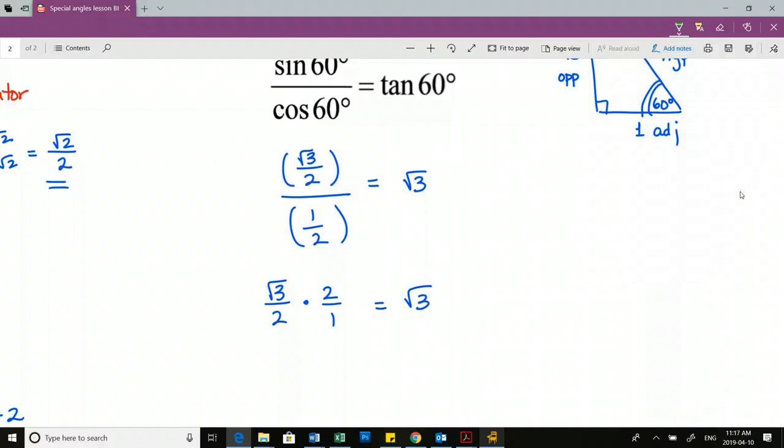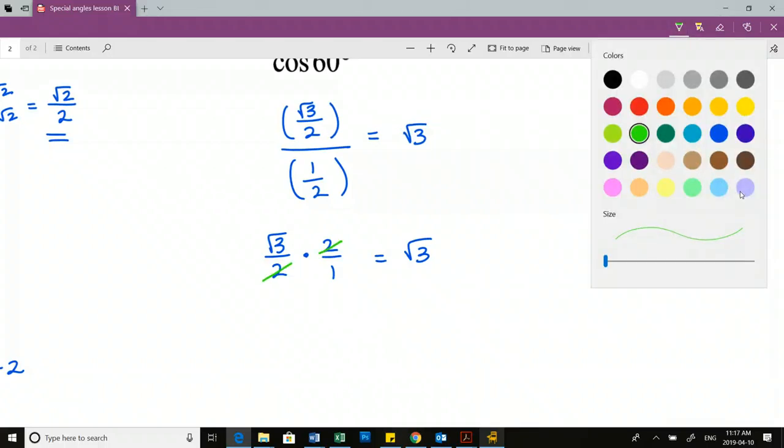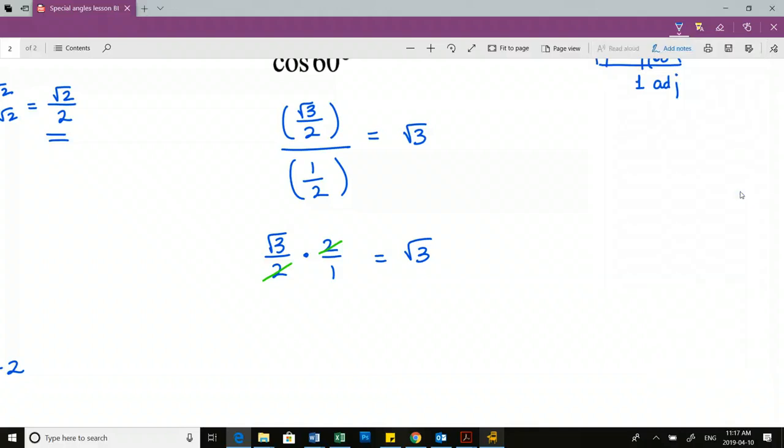Kaylin, what's going on? Yep. These are now canceling, and what do I have left? Just √3, and technically it's over 1, but we know √3/1 is just √3. So now I have proven that these two expressions are equal. Sine of 60 over cos 60 is actually equal to the tan of 60. So we're good. Left side is equal to right side.